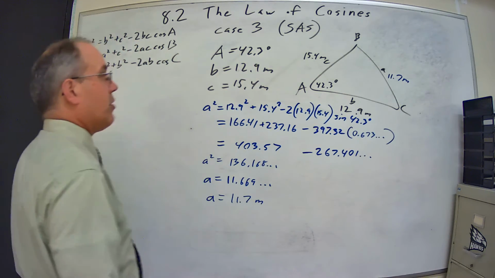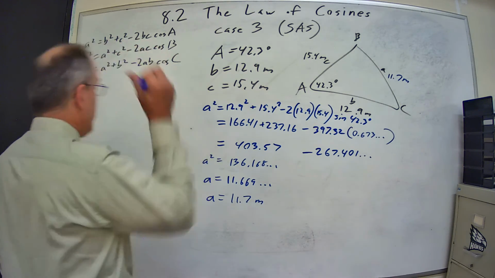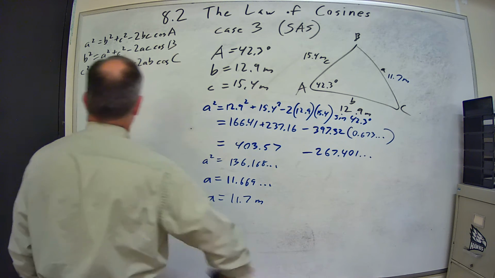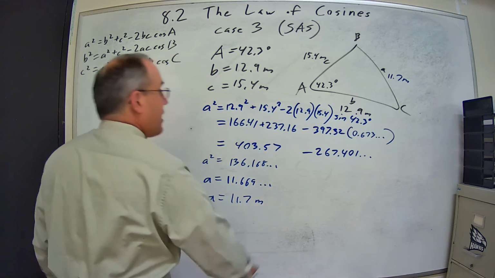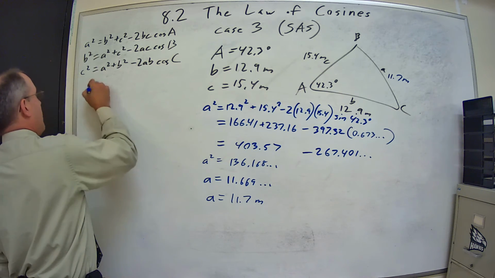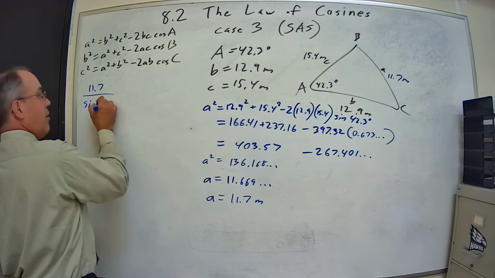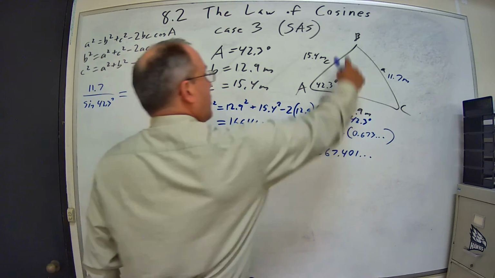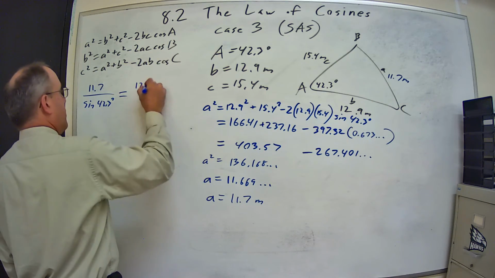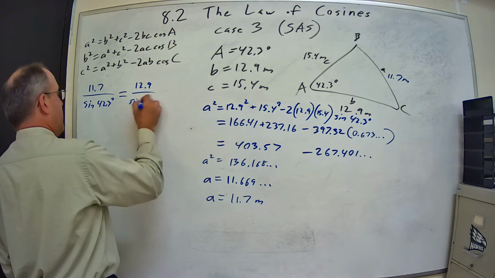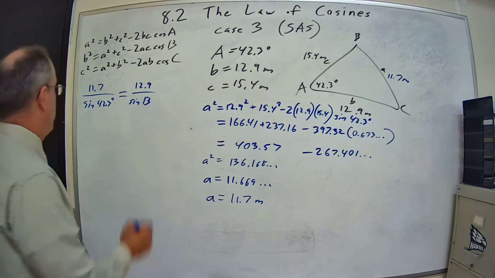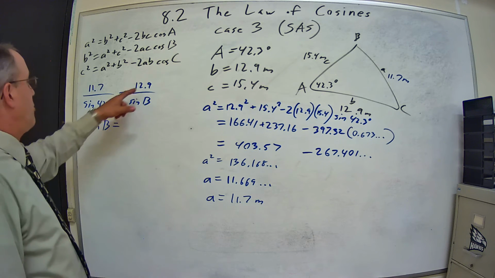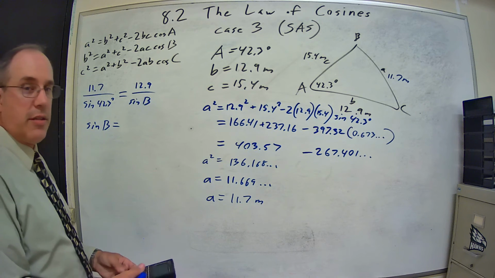So now I can do the law of sines. Let me write it as 11.7 over the sine of A. So 11.7 over the sine of 42.3 degrees is equal to 12.9 over the sine of B. So the sine of B is equal to, and remember I multiply the diagonal and divide by what's opposite.